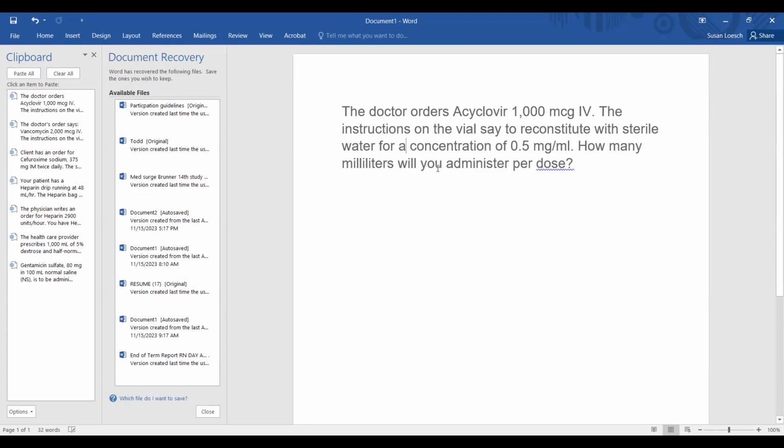The only difference is this will say final. So again, you're going to do the same steps here. This is in micrograms. You're going to have to convert it. You may not get one in micrograms. It may be in milligrams. And that's where you just have to read the question.